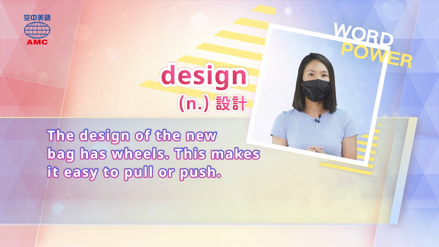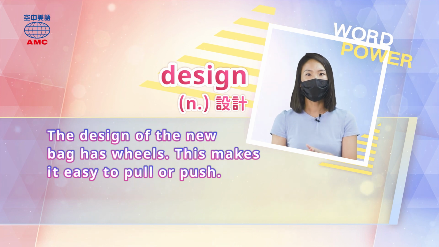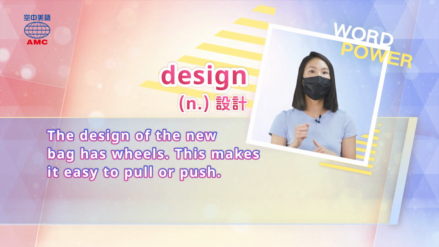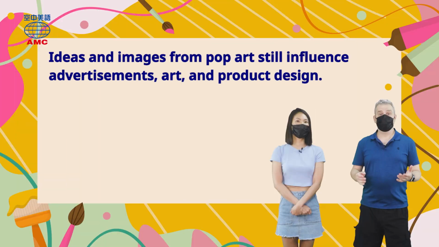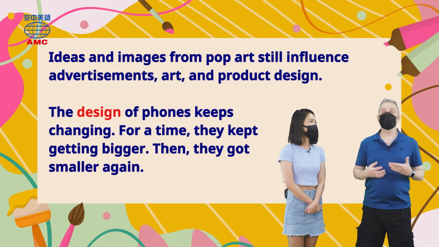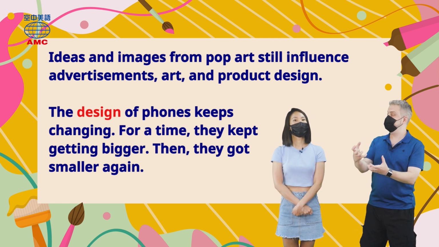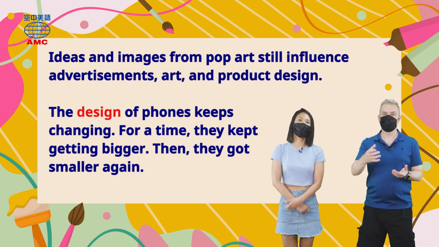This makes it easy to pull or push. 这个新包包的设计包含轮子，让它能够拖拉。 Another example is the design of phones keeps changing. For a time, they kept getting bigger. Then they got smaller again.